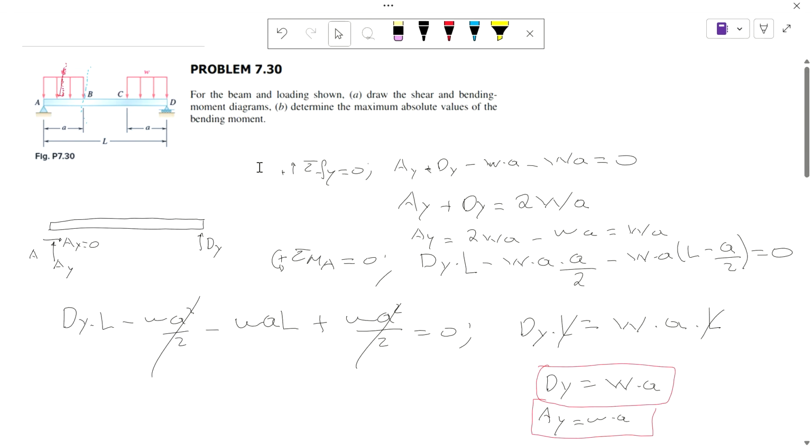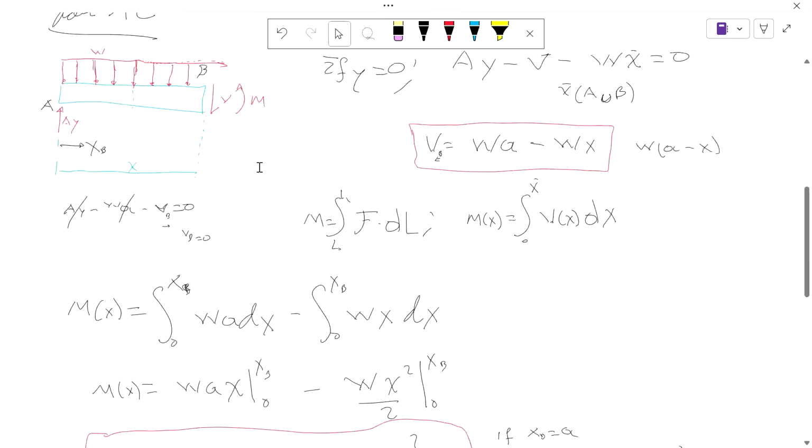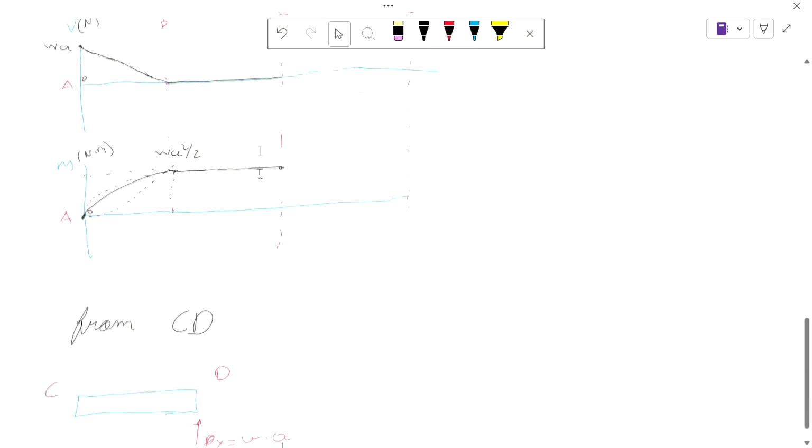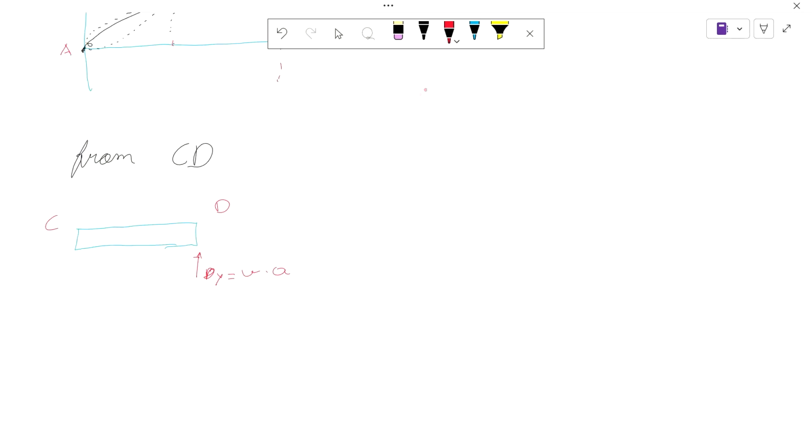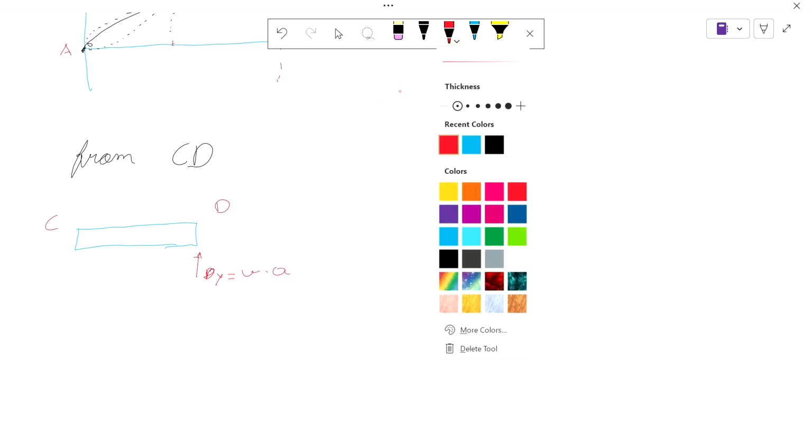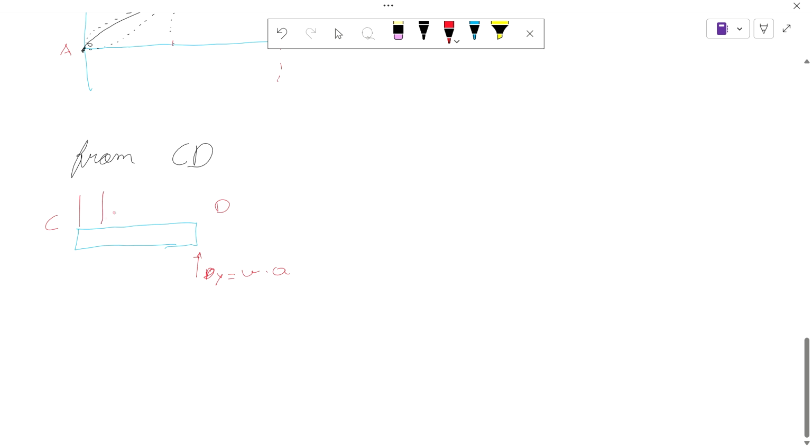Their question is determine the maximum. Oh, they're actually not asking us. Well, yeah, we have to find that value right there. So this point right here is the force. This is W, and this is going to be the value of X.